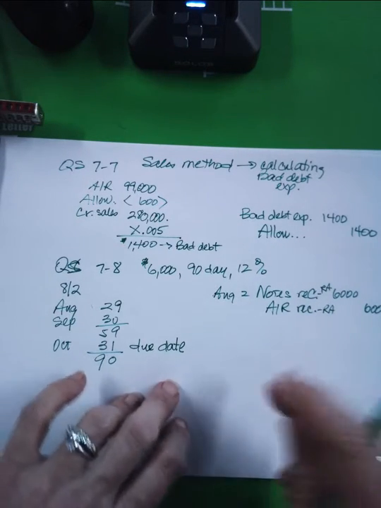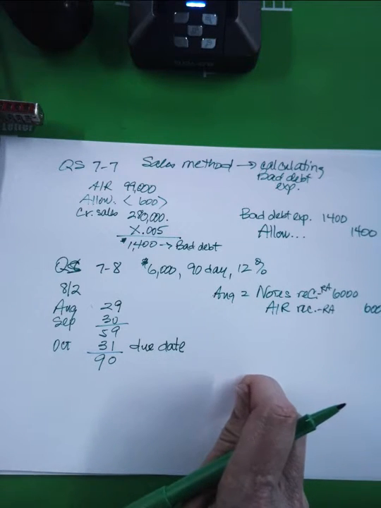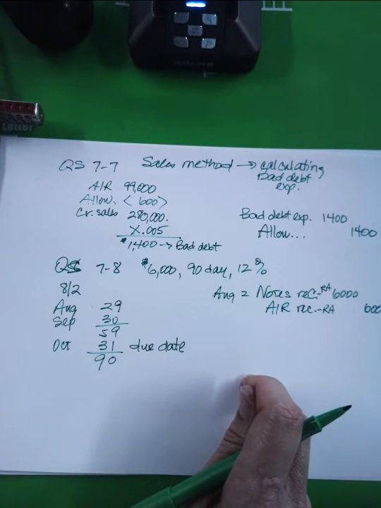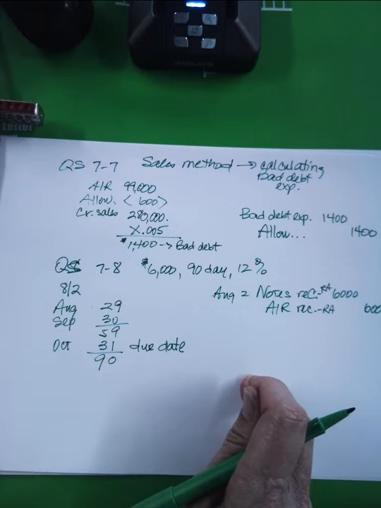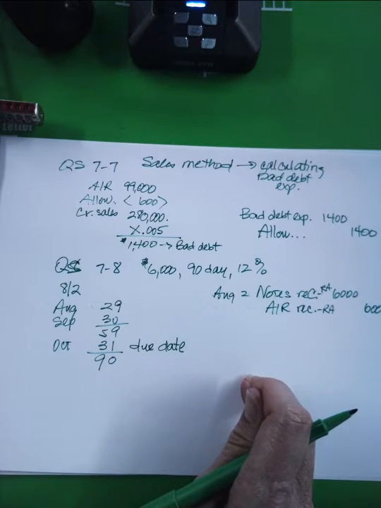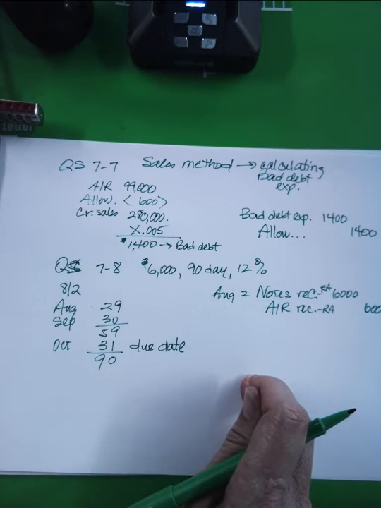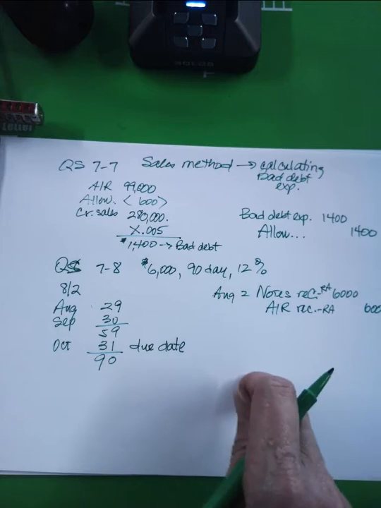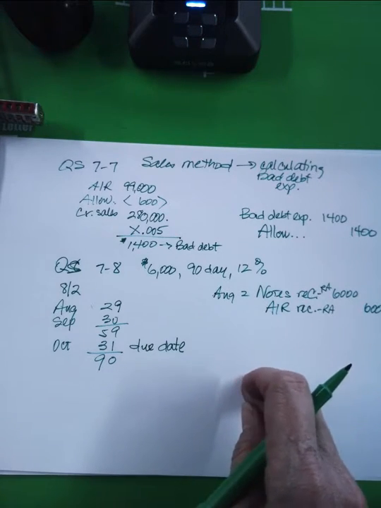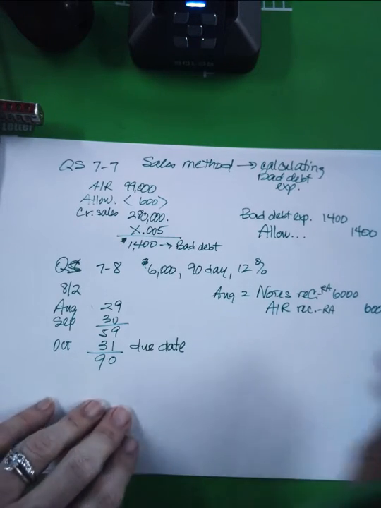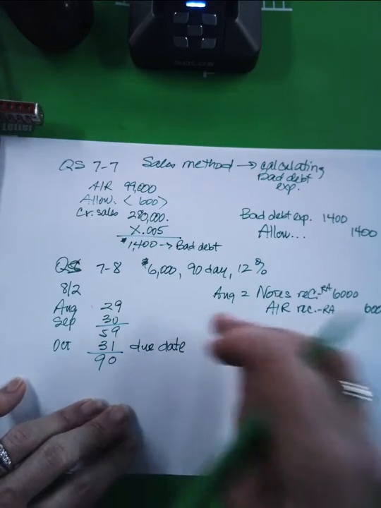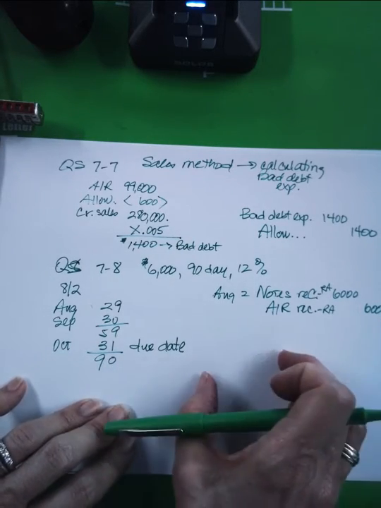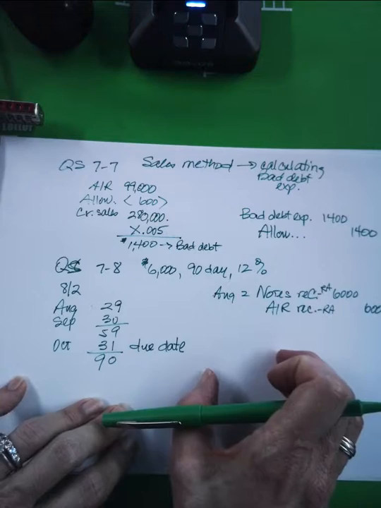Now Quick Study 7-9 says, let's figure out how much interest they're going to owe us when they pay us October 31st. You have to watch because every author might do this a little differently. Some companies say that a year is 365 days.